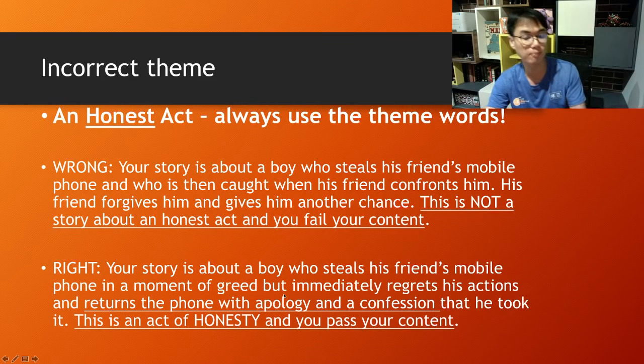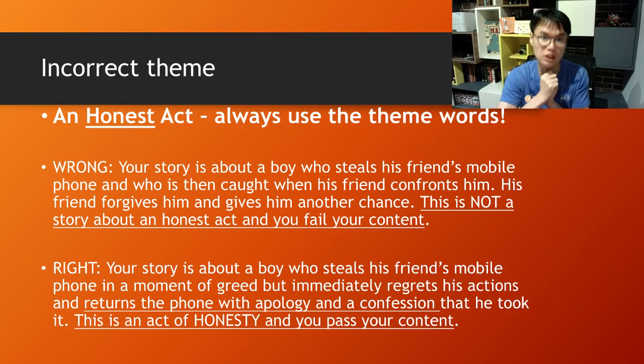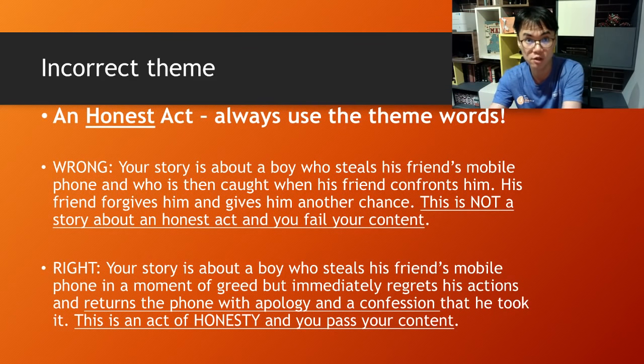On the other hand, let's look at the right example at the bottom here. If your story is about a boy who steals his friend's mobile phone in a moment of greed, the phone is really amazing, he wants it, but then immediately he regrets his actions. After he takes the phone, he feels horrible, he feels remorseful or sorry for what he has done. And then he returns the phone, either to the person he stole it from, or maybe to the librarian, or to an adult.